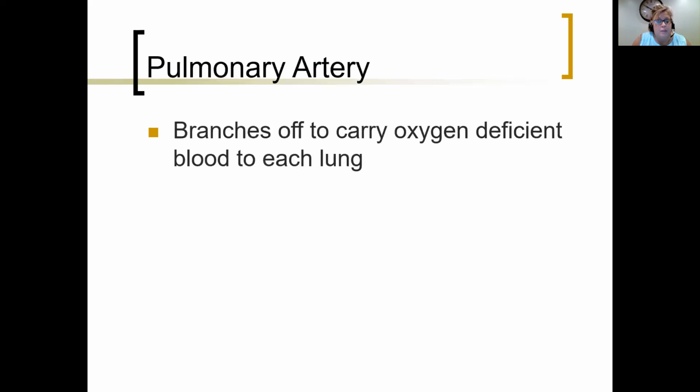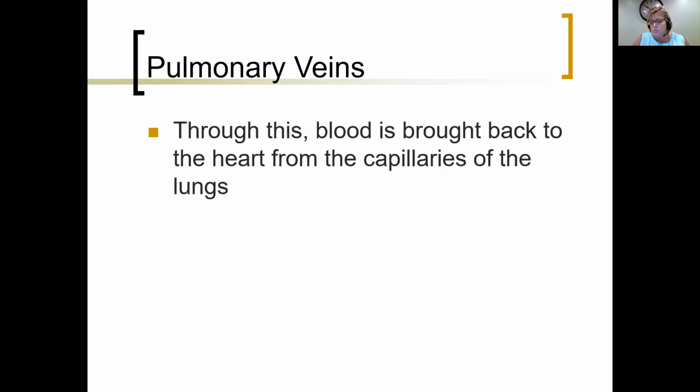Then that blood comes back to the heart through the pulmonary veins. And that's number 8 on the diagram. Pulmonary veins we have from the right and the left lungs. And through these veins, blood is brought back to the heart from the capillaries of the lungs. And that's number 7. I'm sorry, that's number 8.